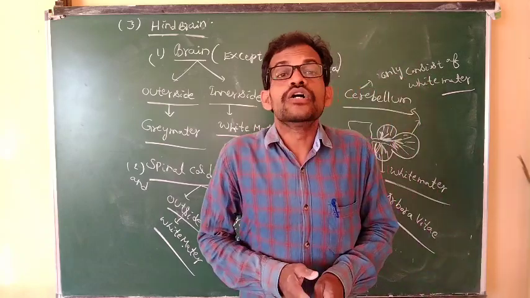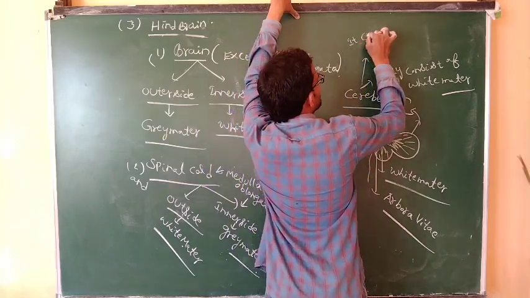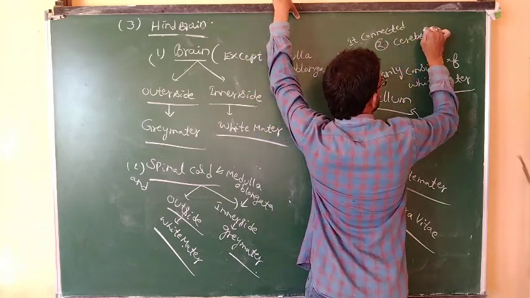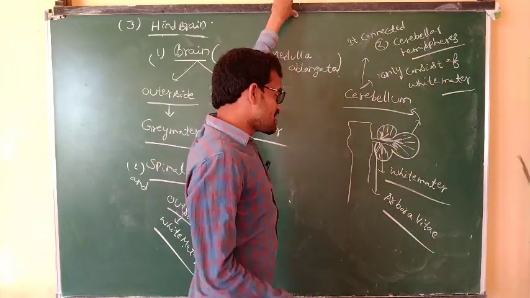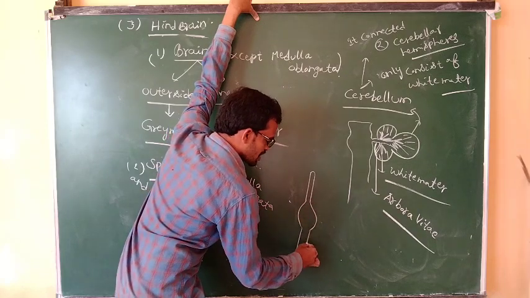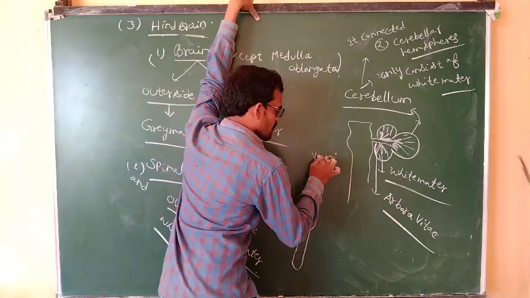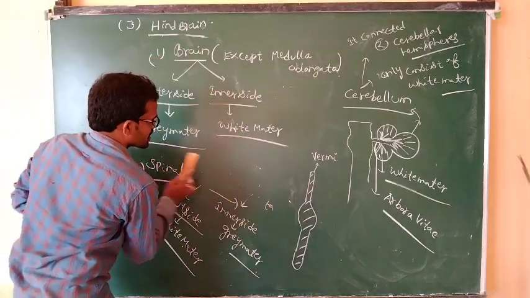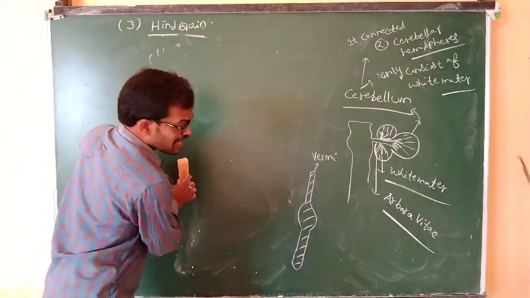The cerebellum is connected with two cerebellar hemispheres. How are they connected?